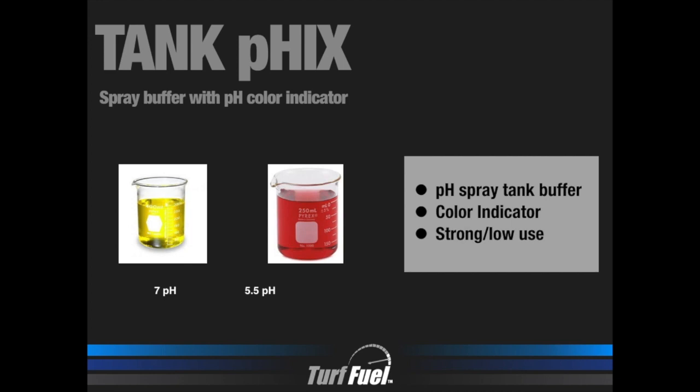When the water of your spray tank turns yellow, you're around a pH of 7. When you get to cherry red, you're around a pH of 5.5 to 6, which is perfect for pesticide applications. These are 4 of our best products that cost very little to use for the overall savings that you're going to take in.